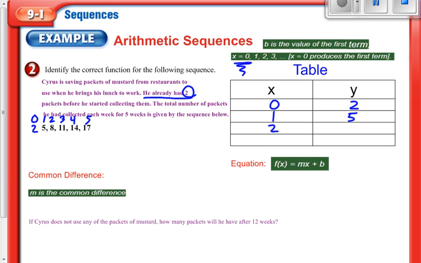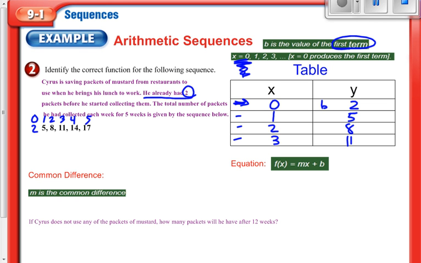At week 2, 8. At week 3, 11. So now we've filled in our table, and we're using x equals 0, 1, 2, 3, as mentioned above. Remember, the first term is when x is 0, you come up with your b value here, which would be 2. So we could easily throw that into our equation down below.